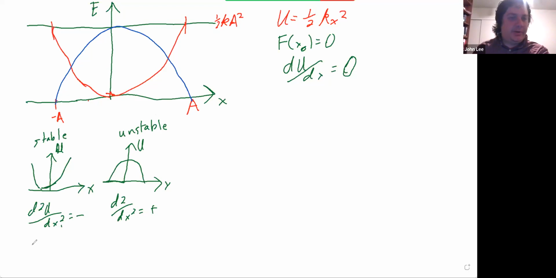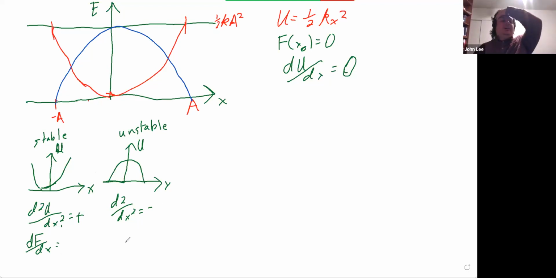So d squared U dx squared equals negative means that dF dx is going to be, oh yeah, I got these mixed up. Sorry, that's very silly. D squared U equals positive, obviously.